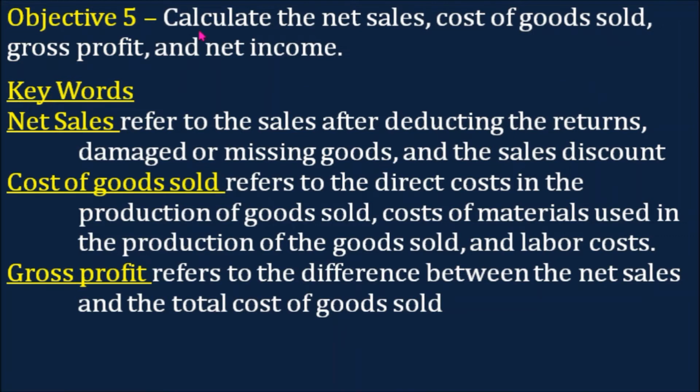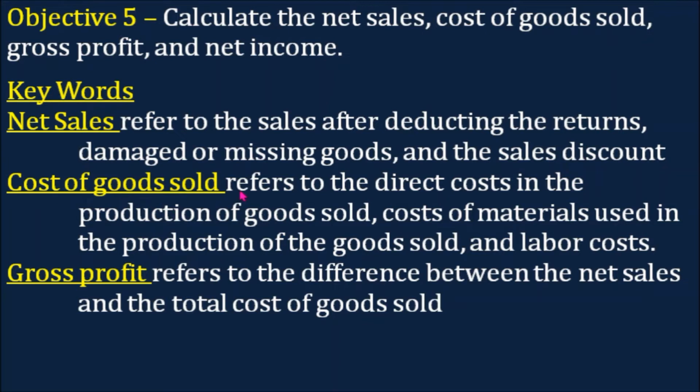Objective number 5, calculate the net sales, cost of goods sold, gross profit, and net income. So we have here our keywords. Net sales refer to the sales after deducting the returns, damaged or missing goods, and the sales discount.